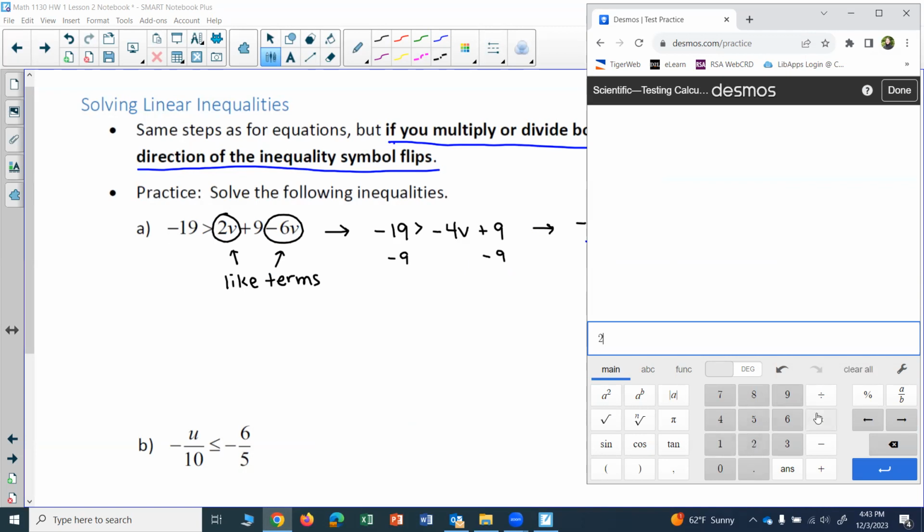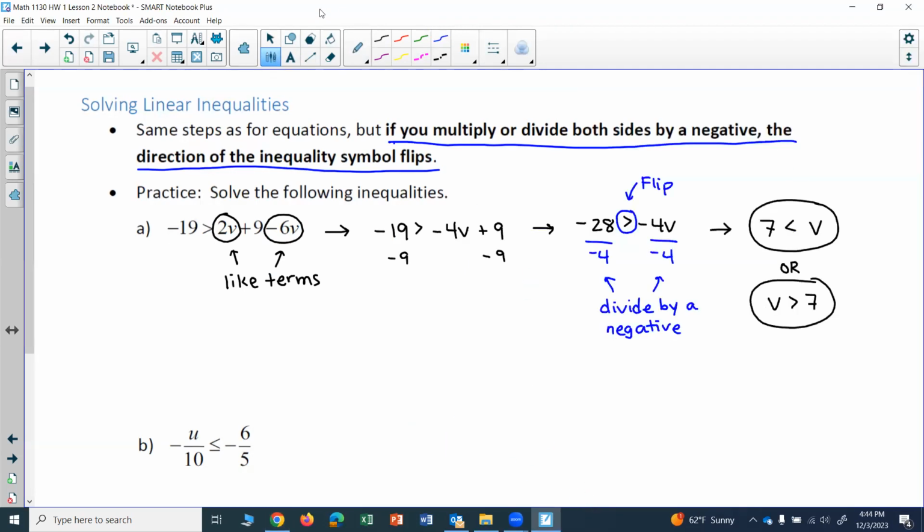So if I did 2 times 7 plus 9 minus 6 times 7, I should get negative 19. Whenever the two sides of the inequality are equal to one another, that's the correct endpoint. So we know 7 was the correct endpoint. We know we got the right direction of our inequality because we divided by a negative, so we had to flip.